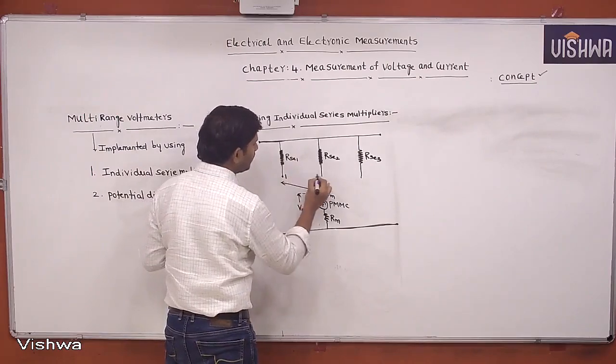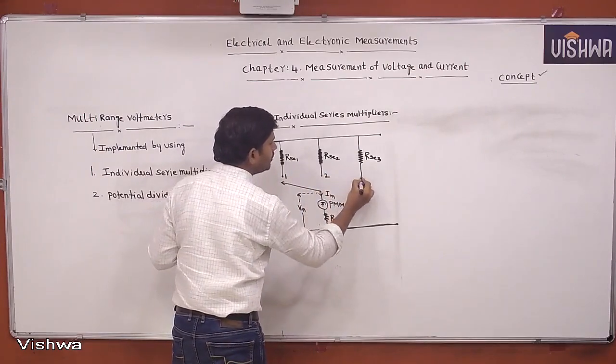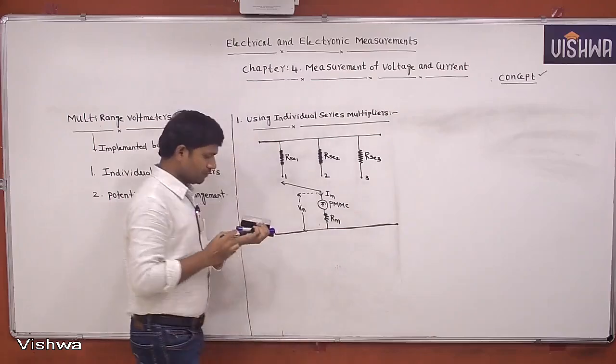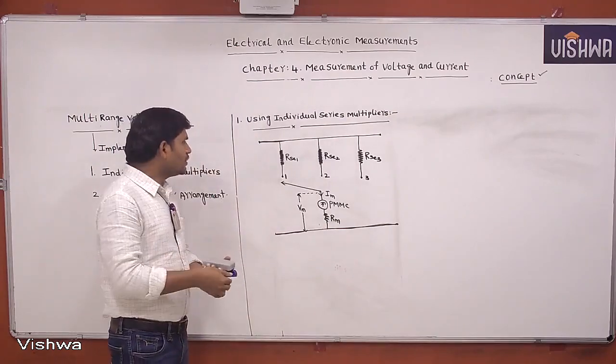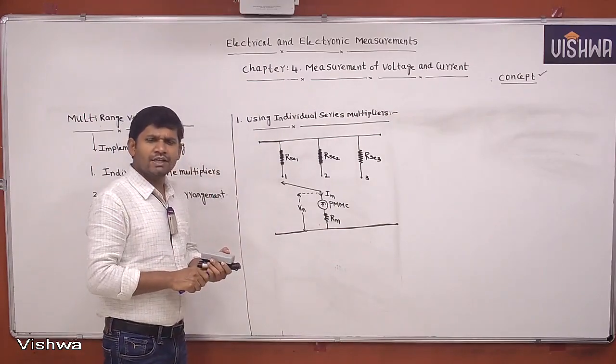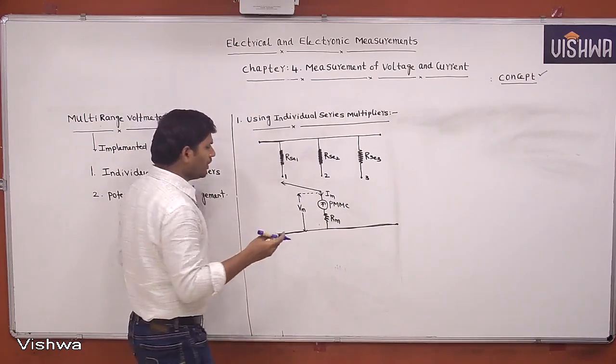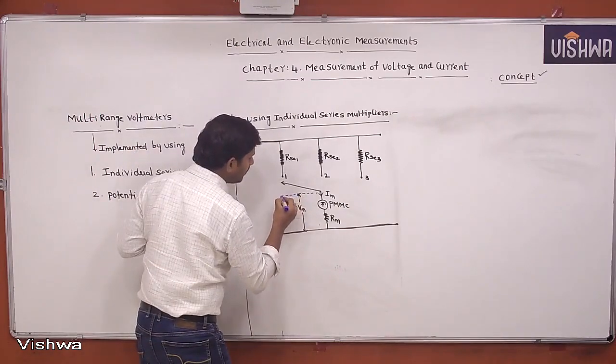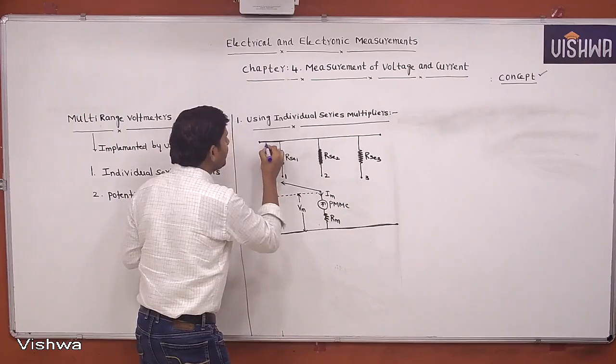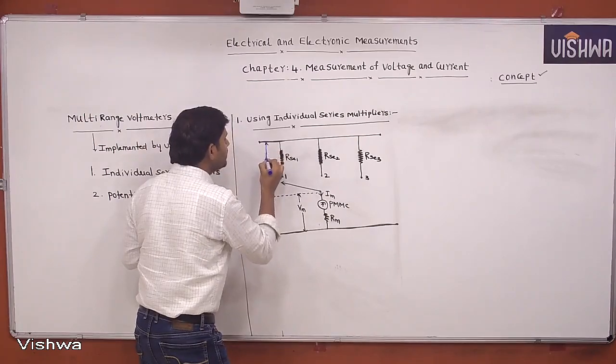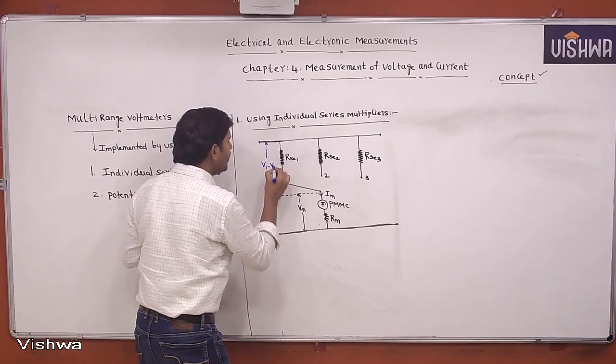Okay, this is position 1, this is position 2, this is position 3. If the switch is at position 1, we are extending the range from Vm to V1, so what is this voltage? V1 minus Vm.